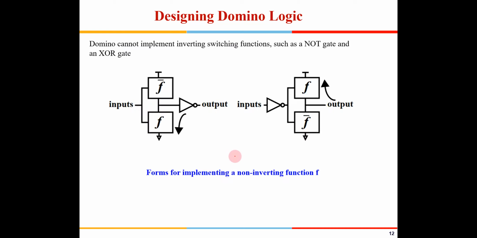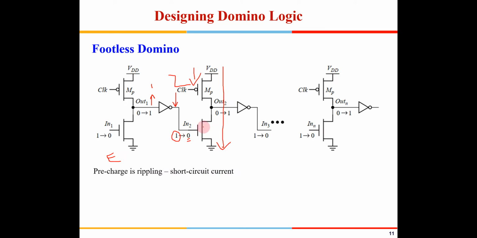Okay. So now there is a limitation in the domino logic also. It says we cannot implement inverting switching functions. Here we are saying that in the first stage as such there has to be an enable, but if we want power efficient circuits, we should have enable in all the stages.